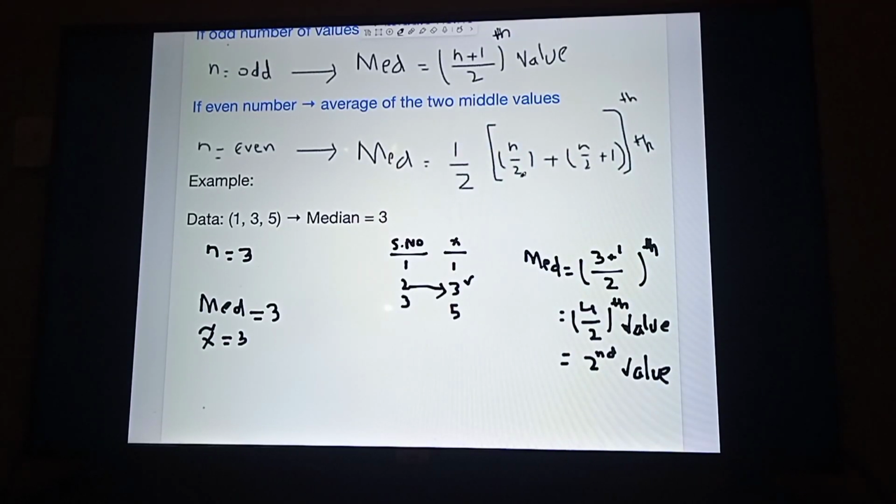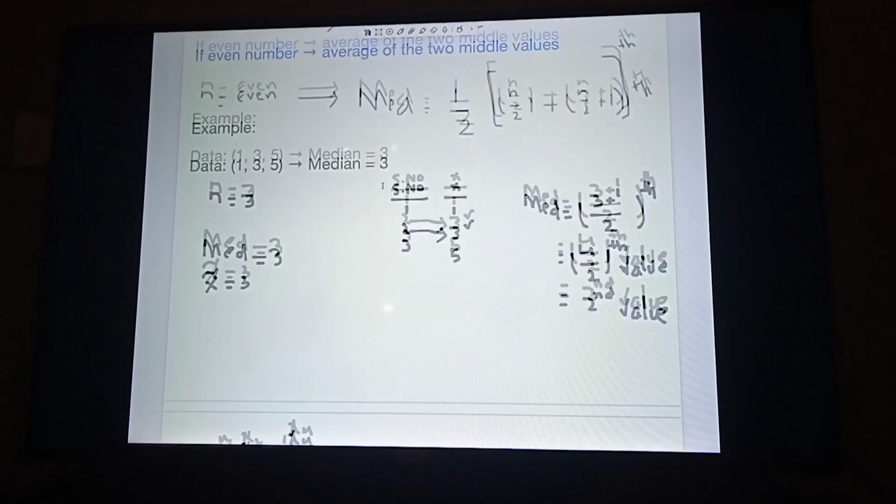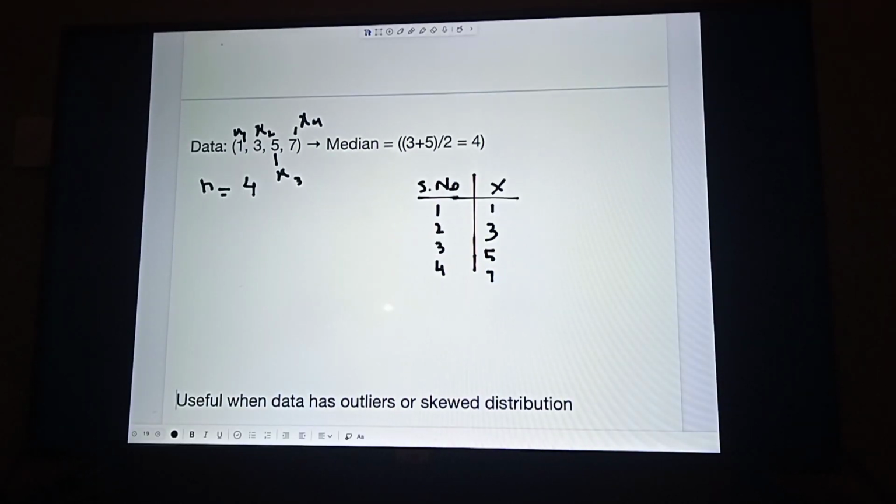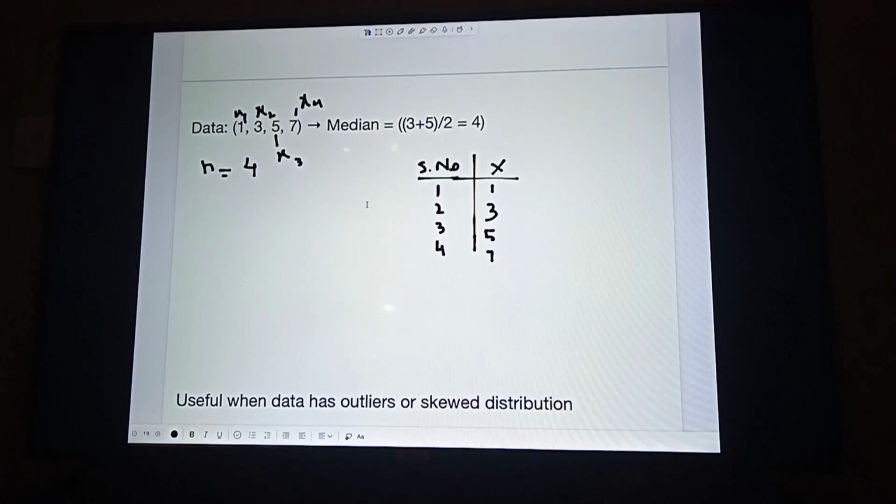the median is the middle value of the data set, two middle values of the data set. So you have to take the average of the two middle values. First locate them and then take the average. So first we are going to locate them.